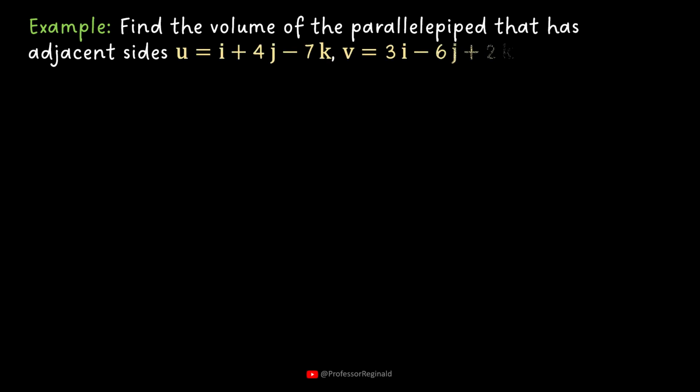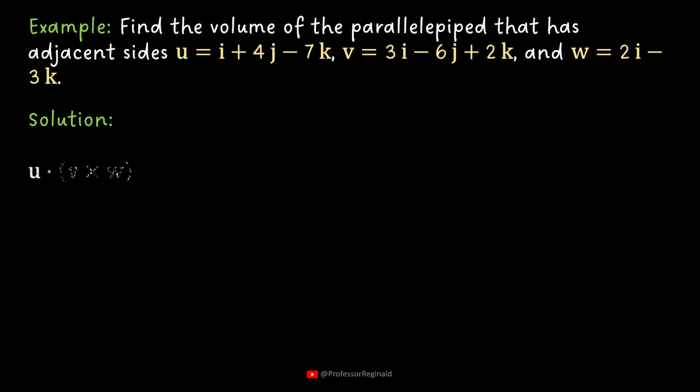Example. Find the volume of the parallelepiped that has adjacent sides u equals i plus 4j minus 7k, v equals 3i minus 6j plus 2k, and w equals 2i minus 3k. Solution.